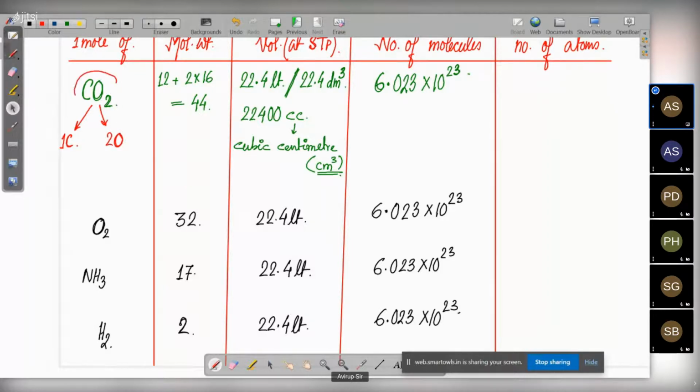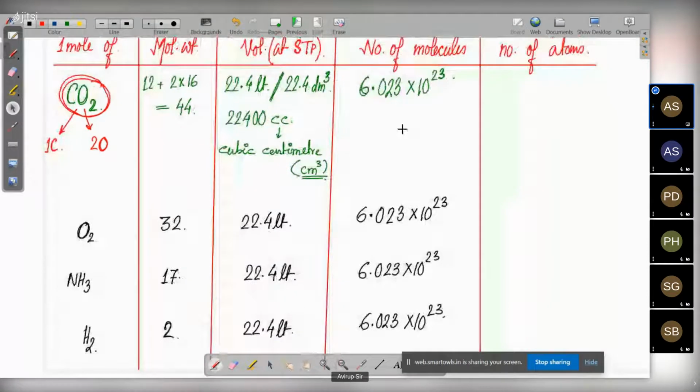So one molecule of carbon dioxide has one carbon and two oxygen. Now this many molecules of carbon dioxide are there. One molecule has one carbon. Avogadro number of molecules will have Avogadro number of carbon. Simple thing. So the carbon atoms are Avogadro number.